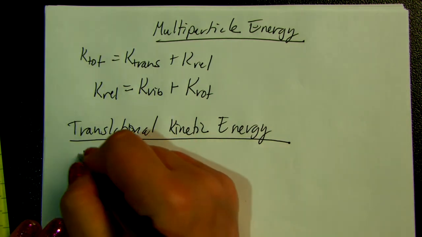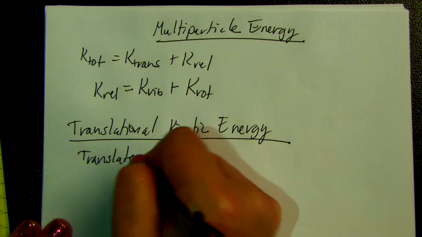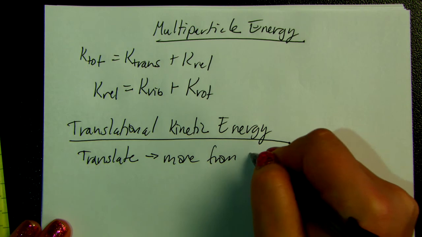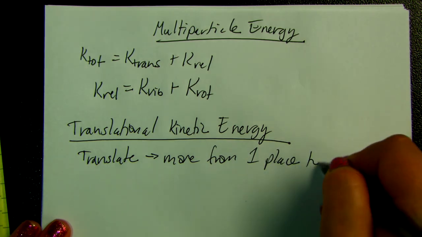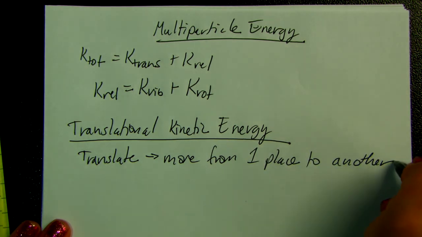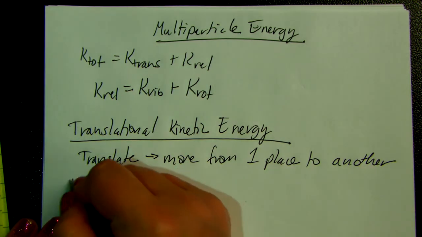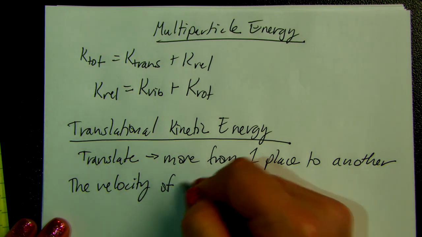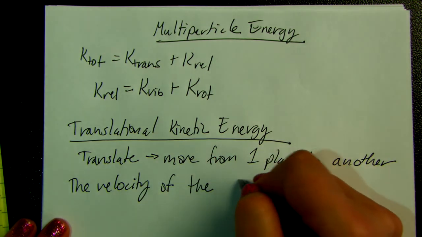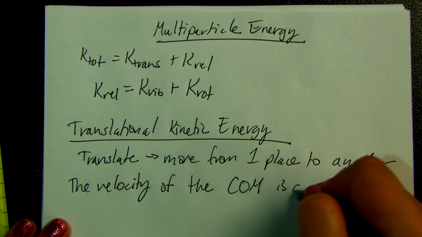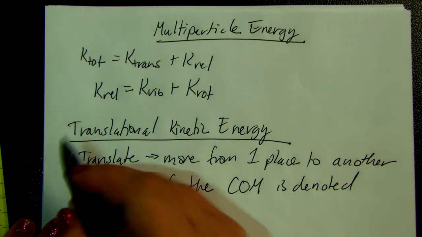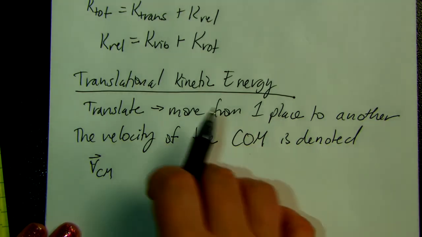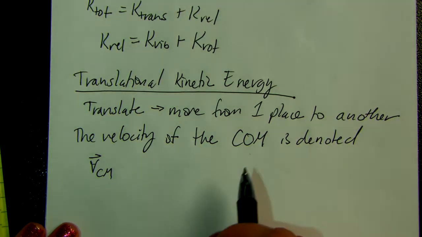So to translate means to move from one place to another. And the velocity of the center of mass is denoted VCM. So this is, as a whole, what is the velocity?